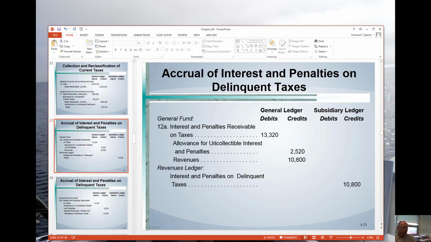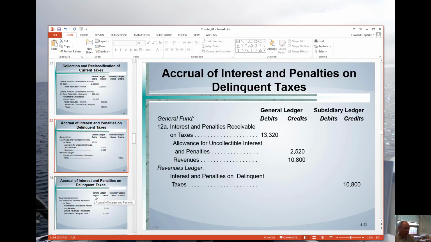One thing that conceptually is a little difficult for students is that on the delinquent amounts, we're actually going to record an interest and penalty revenue with an allowance for uncollectible. So we're going to estimate and accrue additional revenue, even though these are past due or delinquent at the time we do that. So conceptually, students struggle with that. Well, wait a minute, why are we recognizing revenue on something that hasn't been paid?